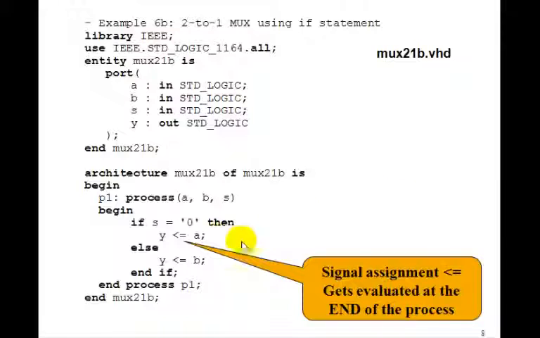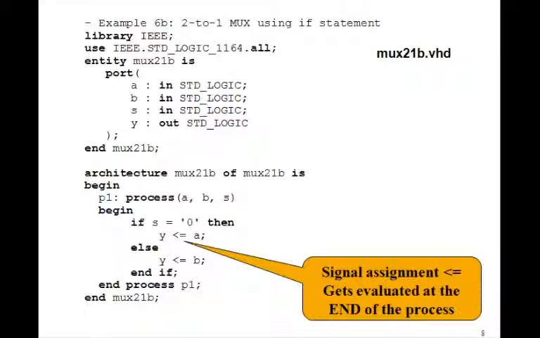Also, notice that in this case we have a signal assignment, this less than or equal signal assignment operator, and these get evaluated at the end of the process. So although we say Y equals A here and Y equals B here, it really isn't until the end of the process that Y actually gets assigned A or B. Now in this case it doesn't make any difference because we're only going to pick one of these, but sometimes it will make a difference, and we'll see in later examples where this is important.